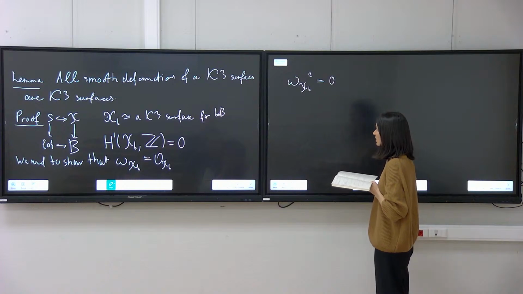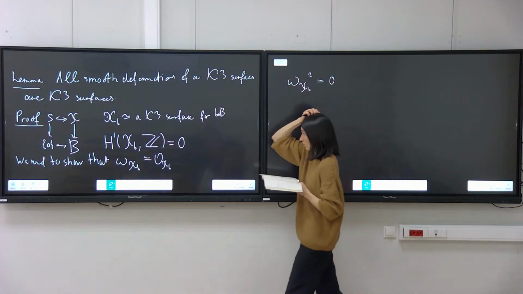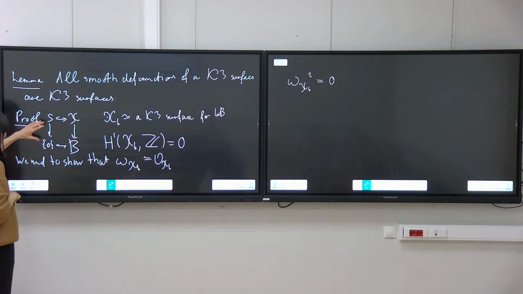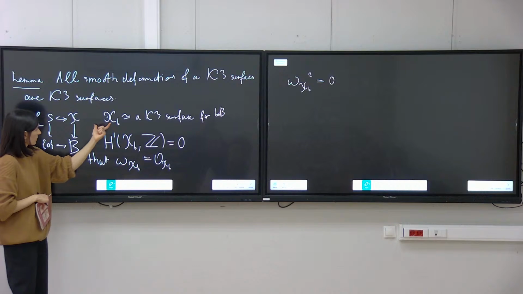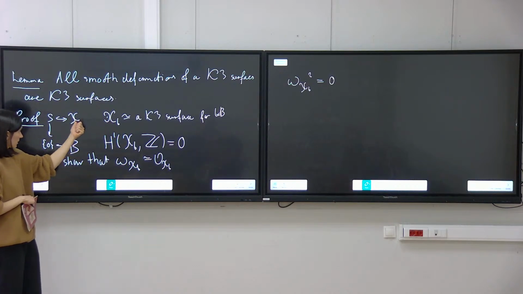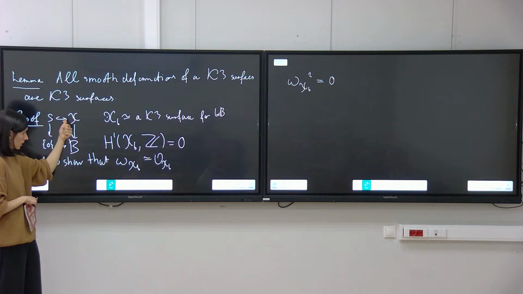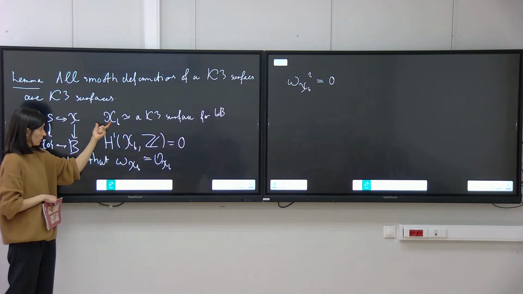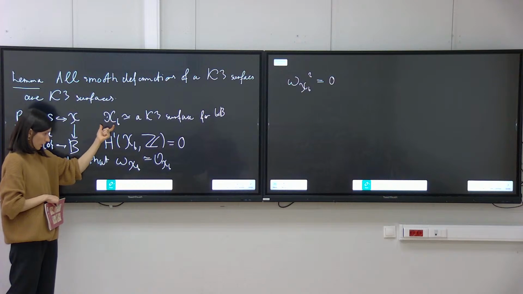An explanation that I have in mind is that we can consider the Hilbert polynomial of the relative canonical class of X. If we restrict the relative canonical class to a fiber, we obtain the canonical bundle of the fiber.